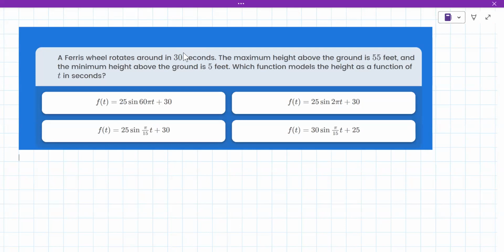All right. Try to look at the numbers in the problem and consider those when you're answering.